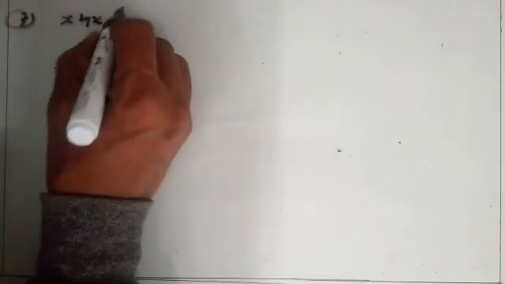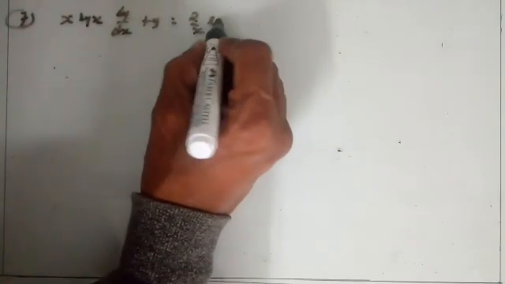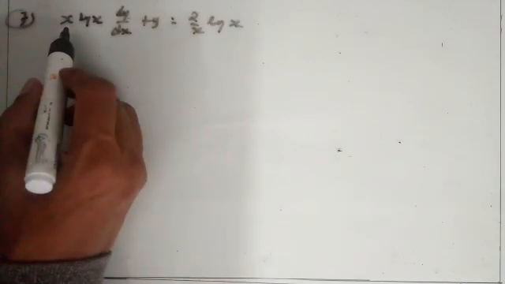Now the next question, number 7. x log x dy dx plus y is equal to 2 upon x log x. Here x log x dy dx plus y is equal to 2 upon x log x, given. First separate dy dx.